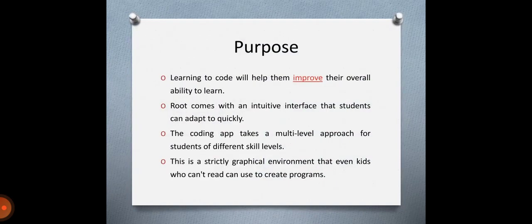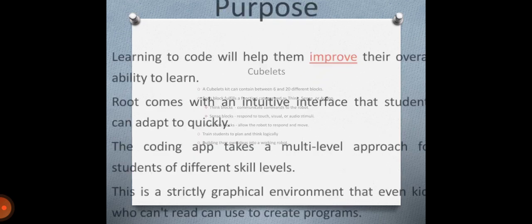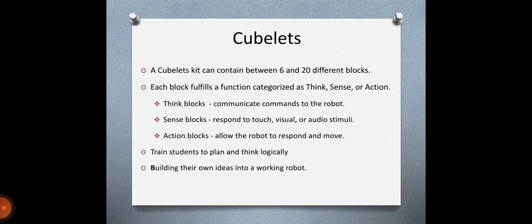Its overall purpose is to improve their overall ability to learn, and they know how to code, and they also adapt quickly. It takes a multi-level approach for students at different skill levels. It's a graphical environment, so dyslexic students are also able to create programs.